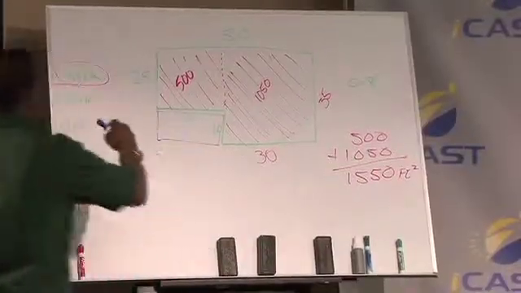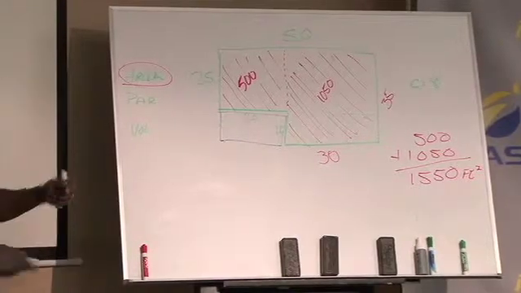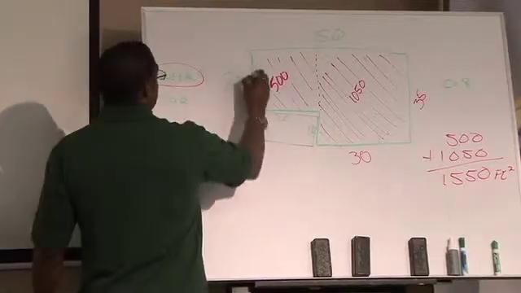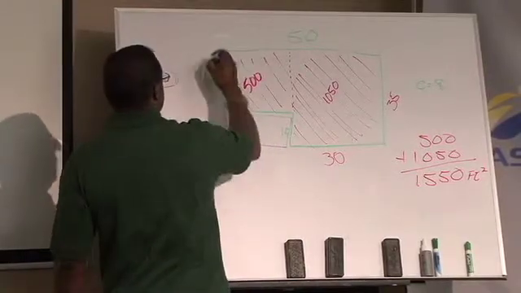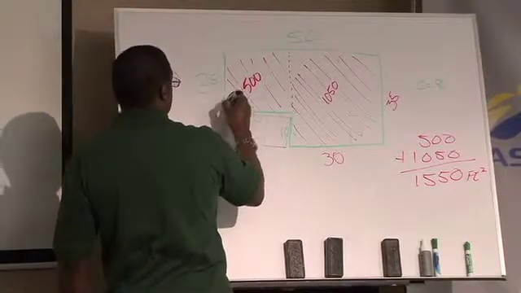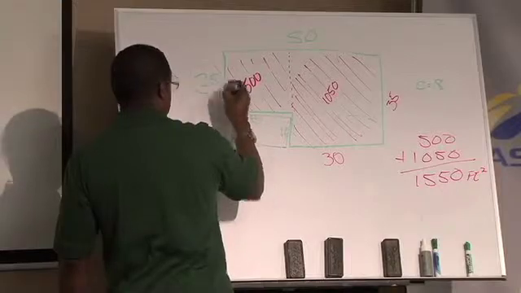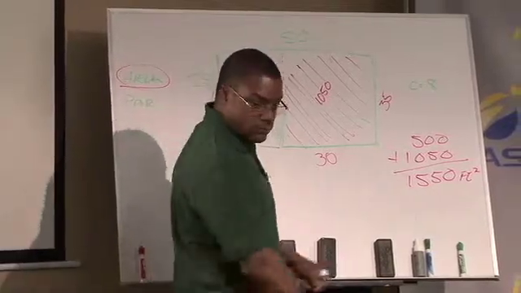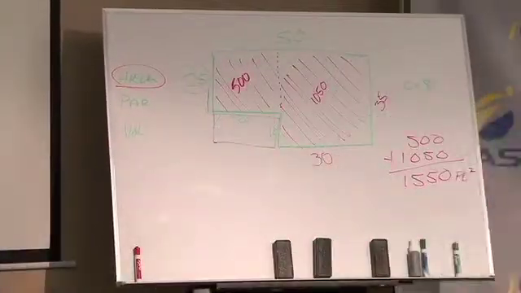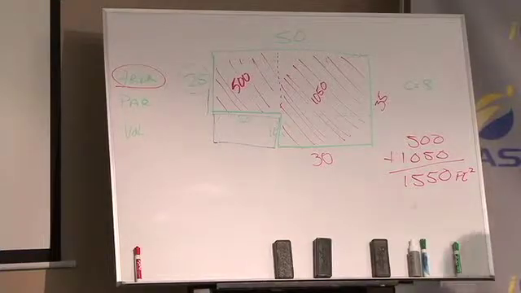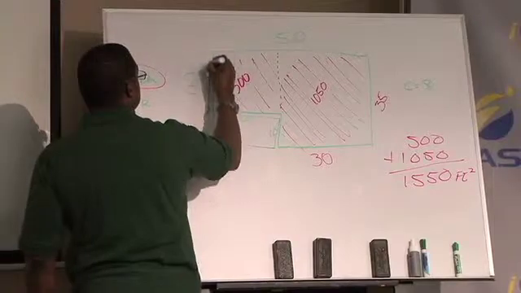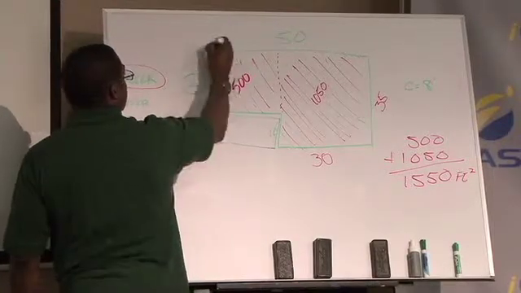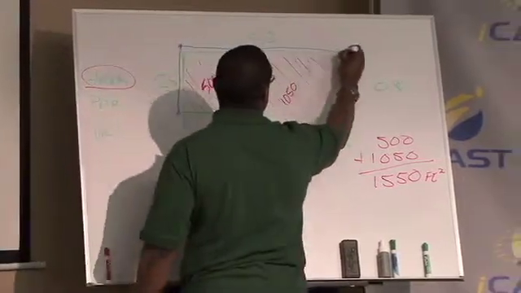Now, let's talk about the perimeter. The perimeter is 25, so we're going to walk 25 feet, starting at this corner. Then we walk 50 feet.